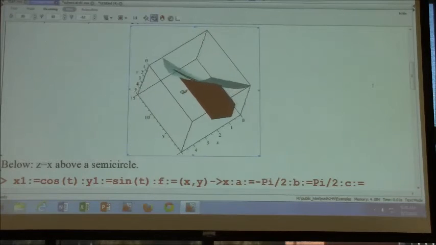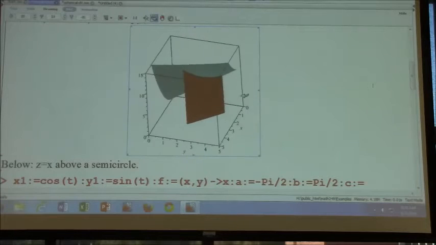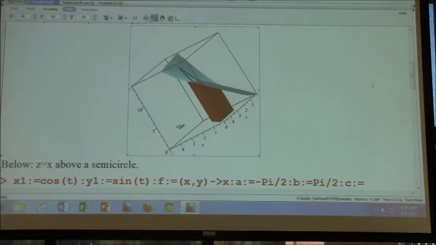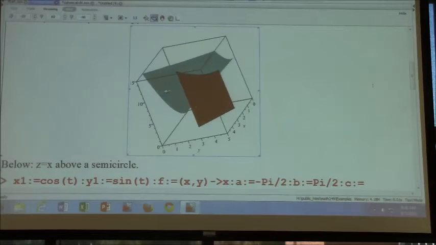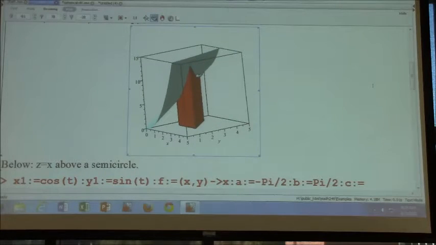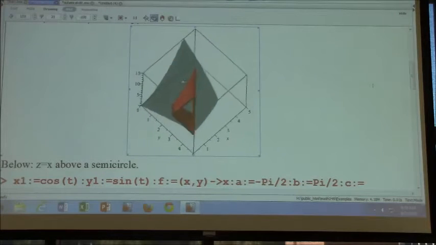Okay, nice parabolic cylinder. And then this red is the actual surface itself. You can see it. It's a vertical surface. It goes up until it hits the blue surface, and then it stops. So the red area is the area that we're trying to figure out.